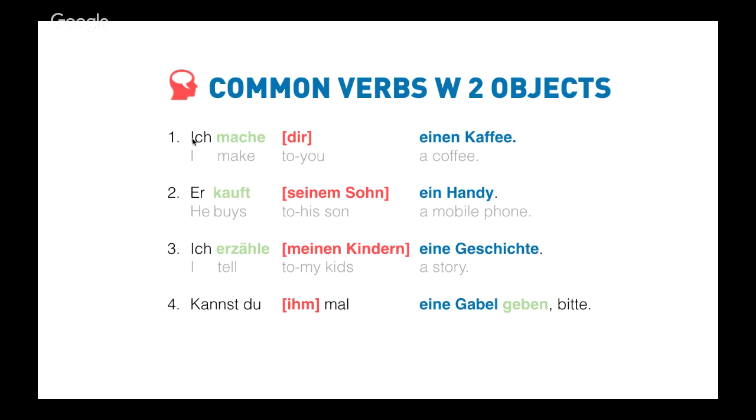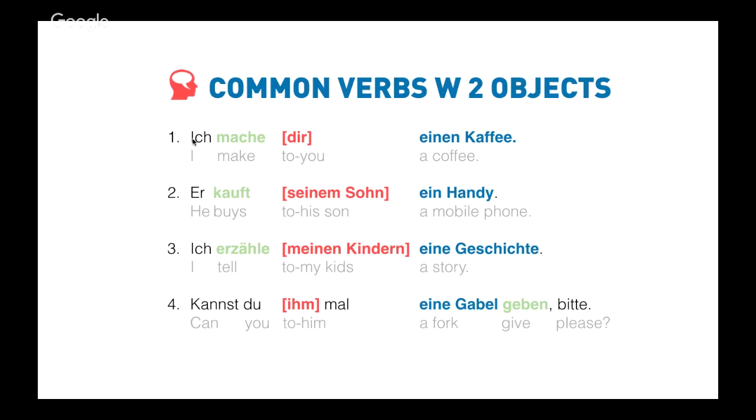One more example. Kannst du ihm mal eine Gabel geben, bitte? One second. Now you can see it. Kannst du ihm mal eine Gabel geben, bitte? Can you give him a fork, please? Now, you can ignore the mal here. I just put it because it's normal, natural German. That's another topic for another day.